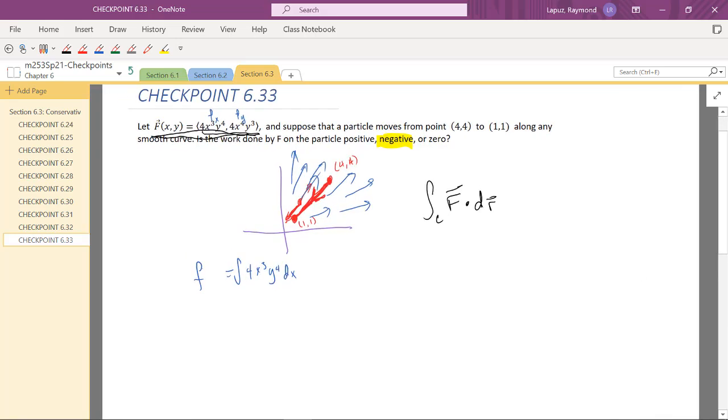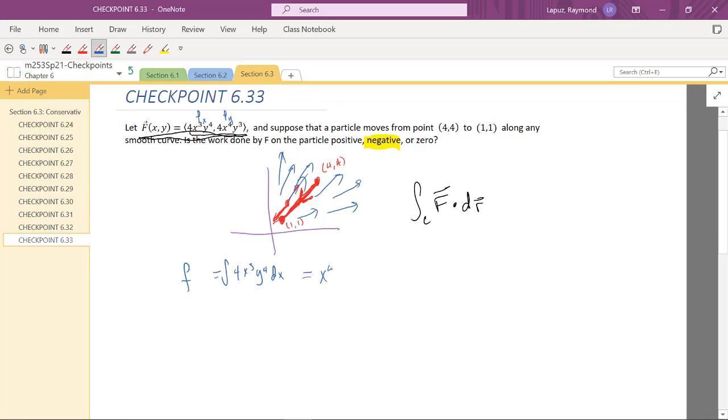Now, the antiderivative with respect to x is going to give us x to the fourth divided by 4, and you multiply that times 4. That'll give you x to the fourth, y to the fourth, plus some constant, let's call it g, constant with respect to y.